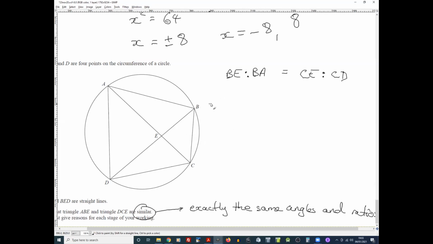You can see that there are matching ratios as a result of the similarity. And then the angles will all match as well. Which angle do we think is going to match with that angle? And match in the sense of just being equal? Now you'll need 3 letters to define an angle.